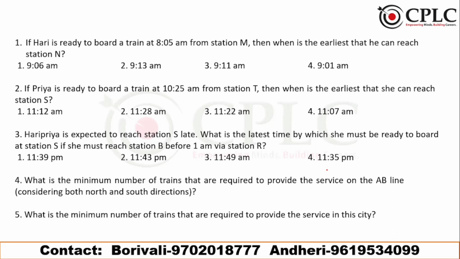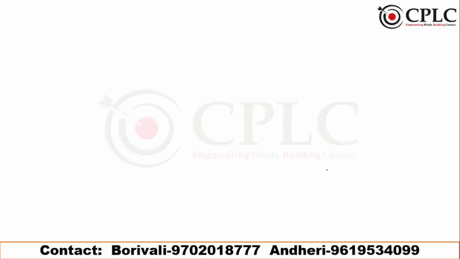If Hari is ready to board a train at 8:05 a.m. from station M, then what is the earliest that he can reach station N? So if we start that question in the east-west direction, from station M, there is a train which is going to start every 10 minutes.